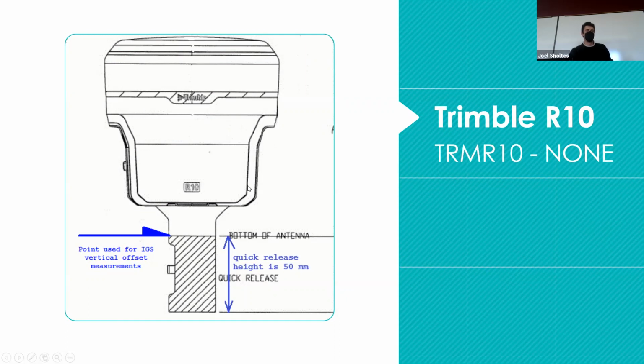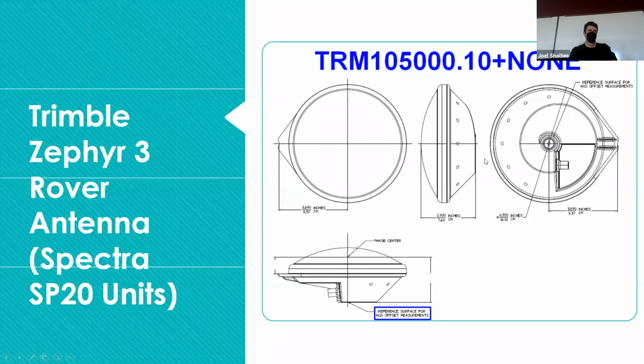These drawings are actually on OPUS's website. The bottom of the antenna is the reference point. And here's the quick release height, so you might need to add that on. Here is a different antenna, a Zephyr 3 that we use for these different units that we have. The reference is based on this bottom location right here.